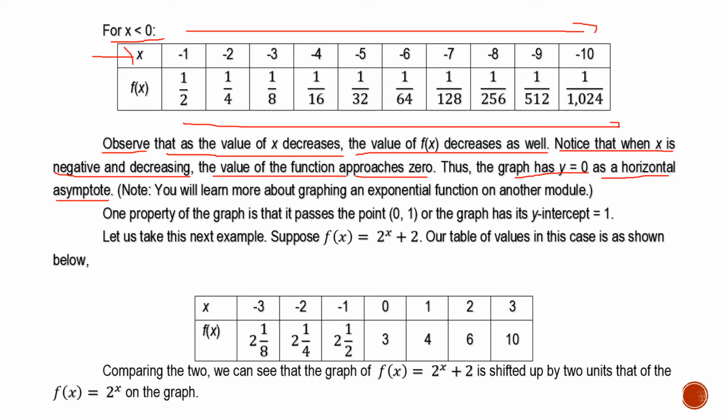The function approaches 0, but it will never pass through the asymptote. Note, you will learn more about graphing an exponential function in another module. One property of the graph is that it passes through the point (0, 1), or the graph has its y-intercept equal to 1.